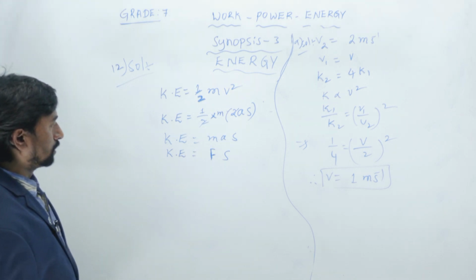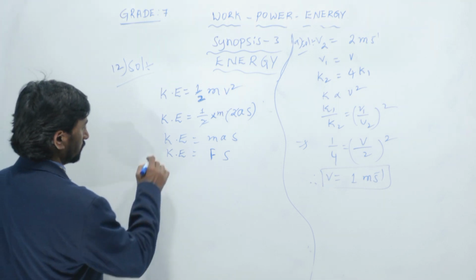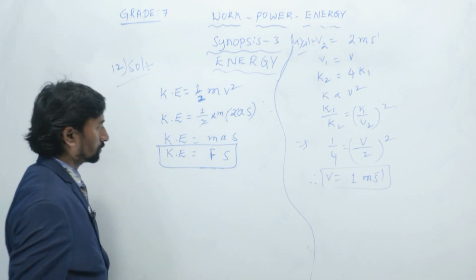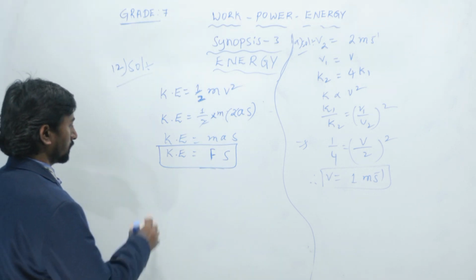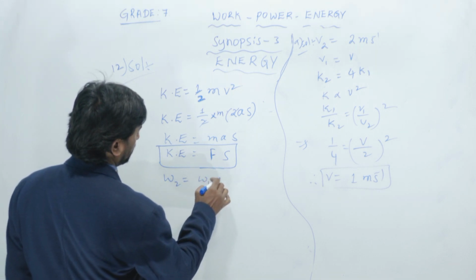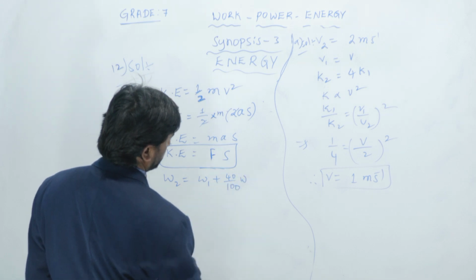kinetic energy does not depend on the weight of the body now. So how to take the weight of the body? 40% of its weight there. So W2 is equal to W1 plus 40% of its weight. W1 is added.